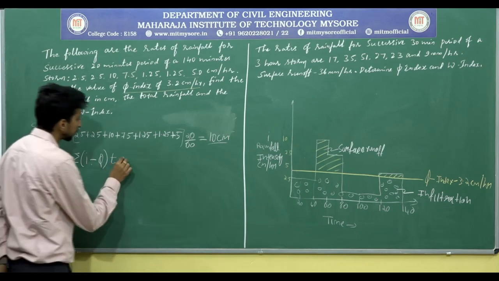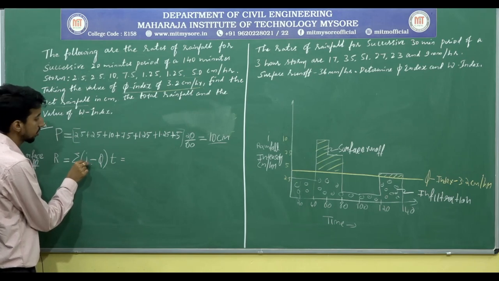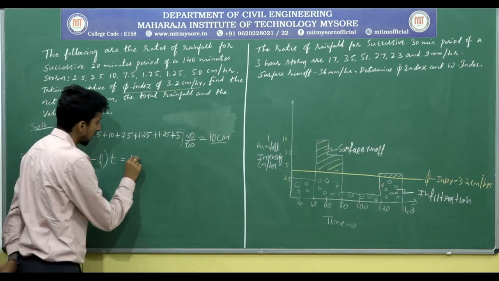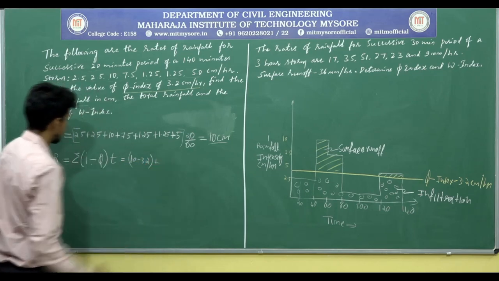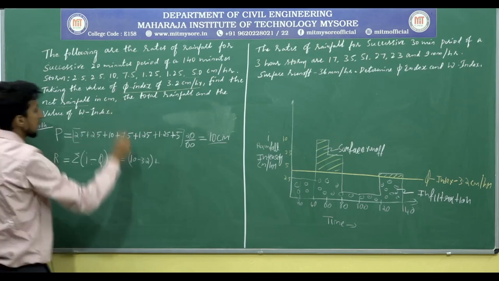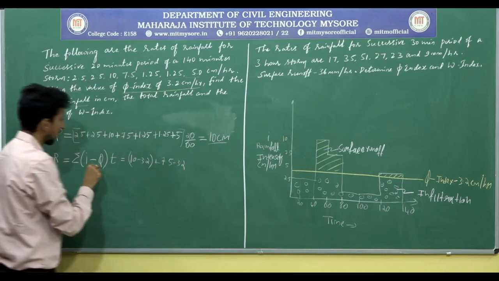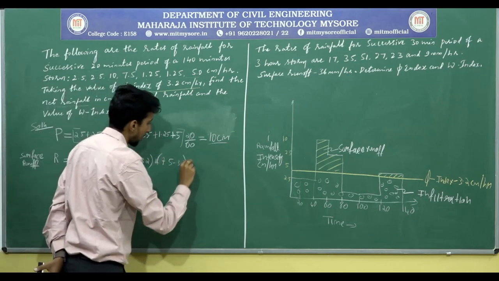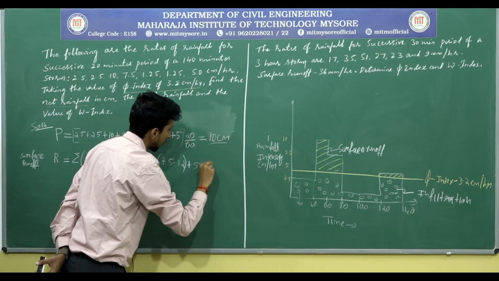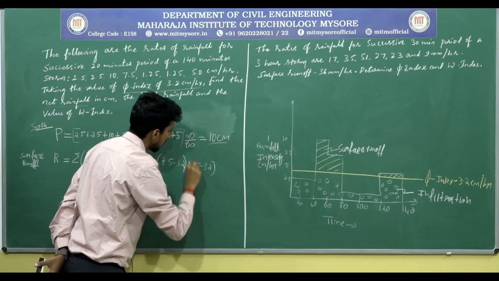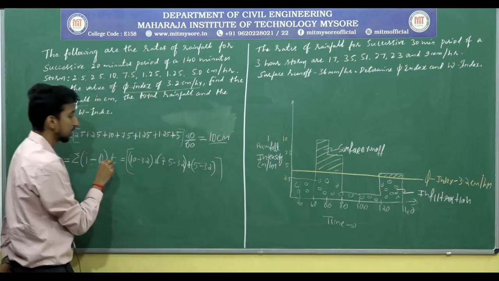It is nothing but 10 minus 3.2 plus 7.5 minus 3.2 plus 5 minus 3.2. Only these three rainfall intensities, into time.